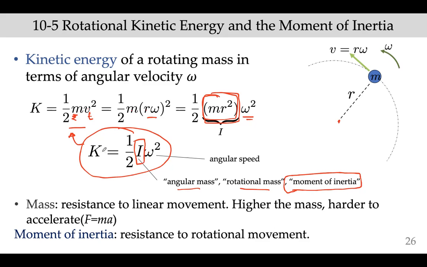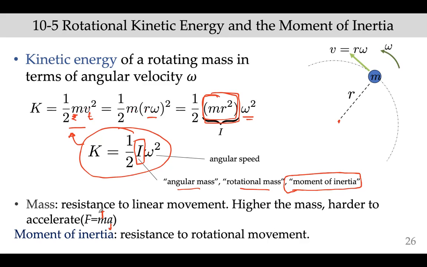Now, what is it? Well, we can understand it this way. Mass is the resistance to linear movement. The higher the mass, the harder to accelerate it. If you think about F equals ma, if m is large for a given force, then a is small.